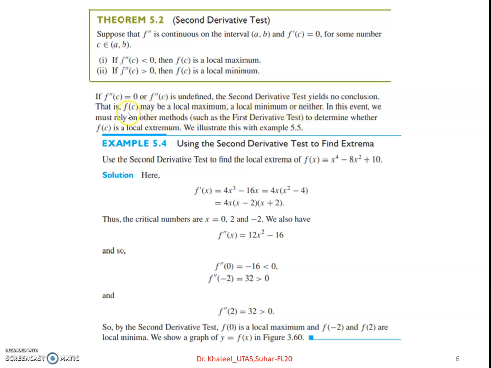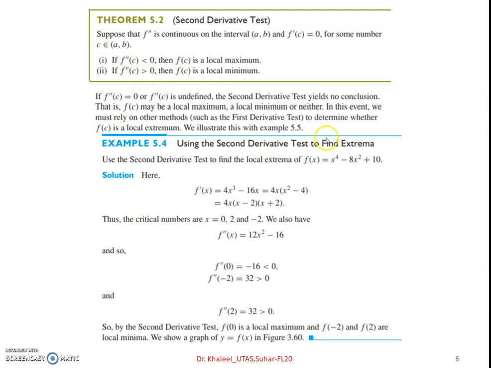We can say that f(c) may be a local maximum, may be a local minimum, or may be neither. So this test fails whenever the second derivative is 0 or not defined. The second derivative test works only for positive and negative values.